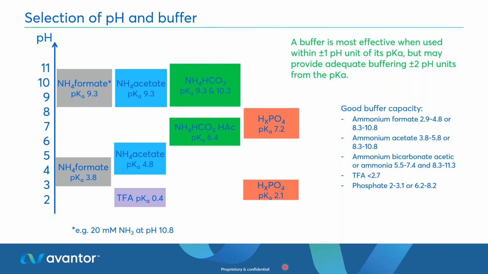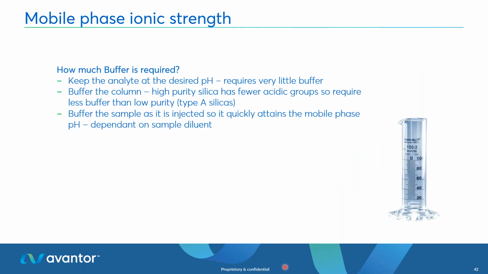So make sure it is compatible with your detection method. Always work within plus or minus 1 pH unit of the buffer pKa. That's when it's actually going to be buffering. I've seen lots of methods where there are stated buffers, but if they're not within that plus or minus 1, it's not actually doing its job.